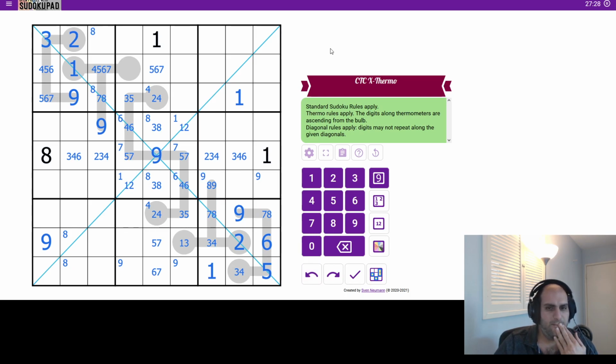Okay. What's the next thing to look at? I thought about what digits might be difficult to place on this diagonal, but I'm not seeing any. Is it really going to be some kind of naked single?